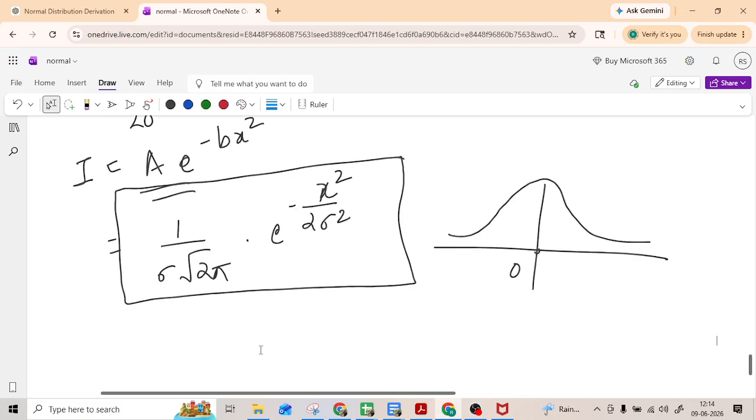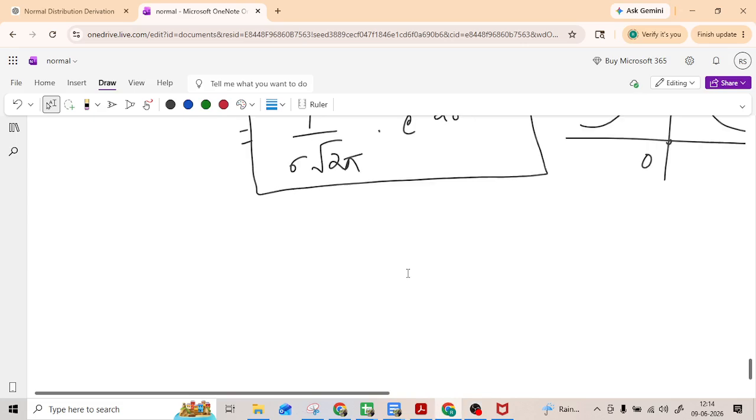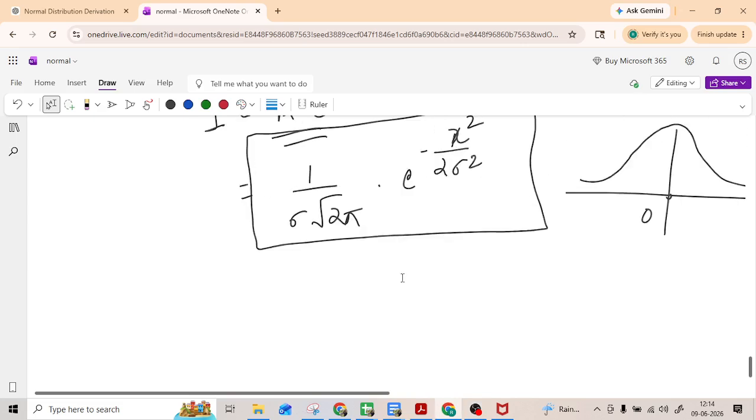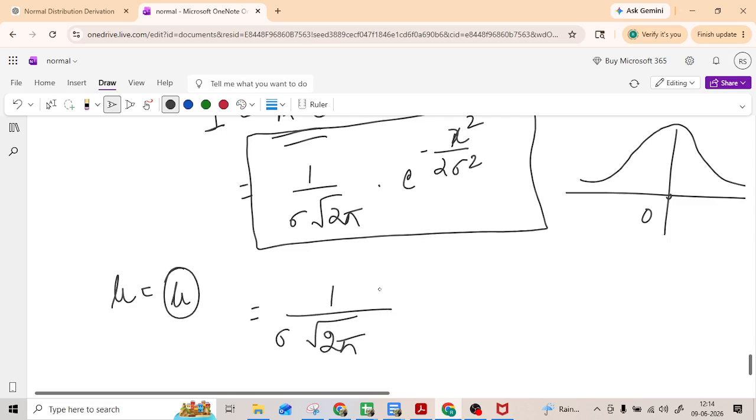Oh, one more thing I forgot. So this is something which is centered around 0. Now what if it is not centered around 0? If it is centered around a particular point, let's say mu, then the expectation, the mean, would not be 0 but a particular variable called mu, in which case we will need to shift the coordinate system. So 1 by sigma root 2 pi remains as it is.